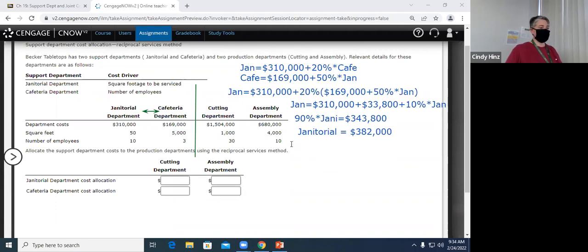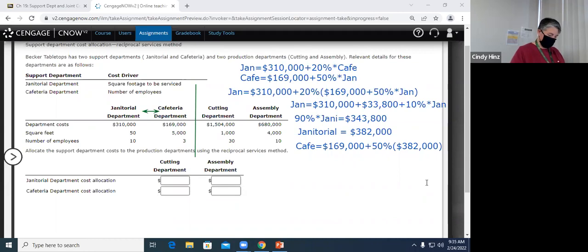We can then find the cafeteria cost by going back to our original equation. Cafeteria is, second line at the top of the screen, 169 plus 50% of the janitorial, which we now know is 382. And then just solve that.